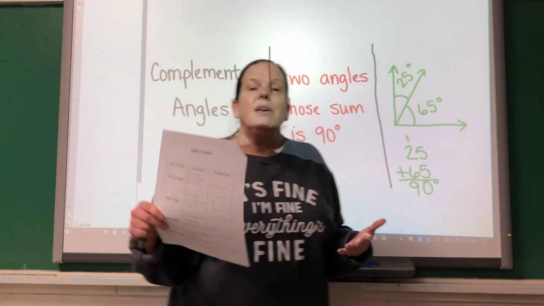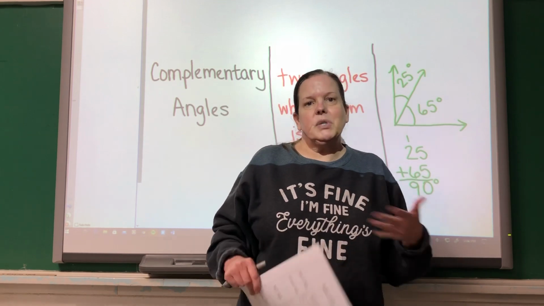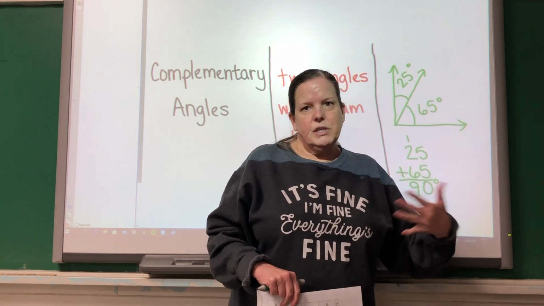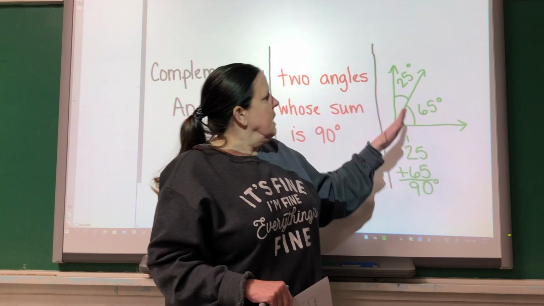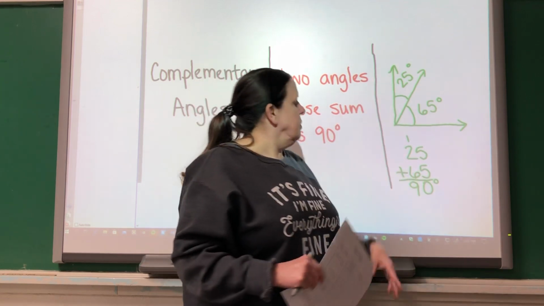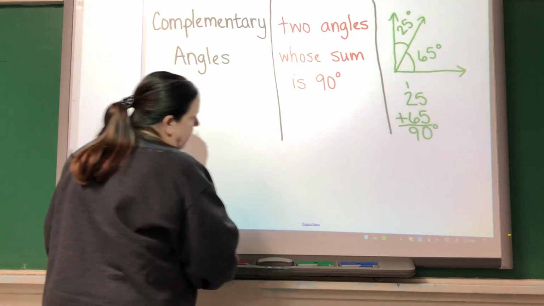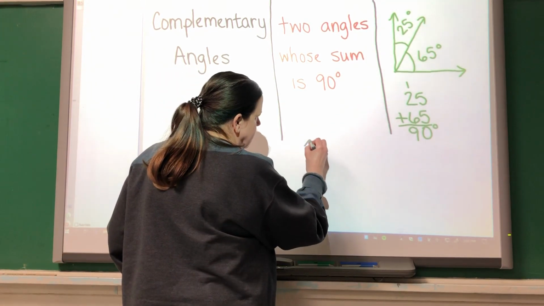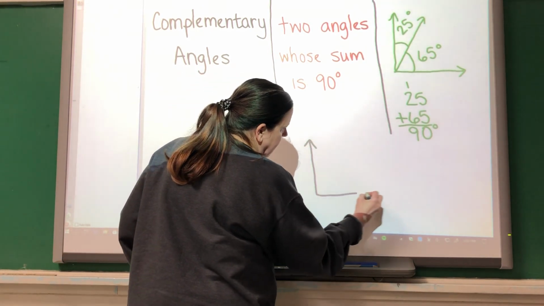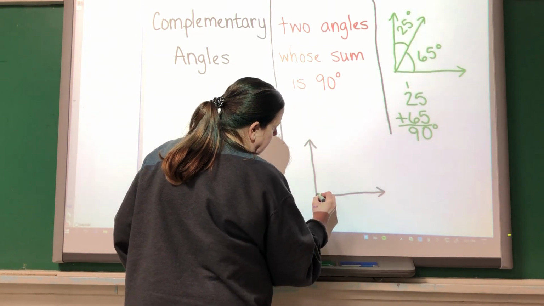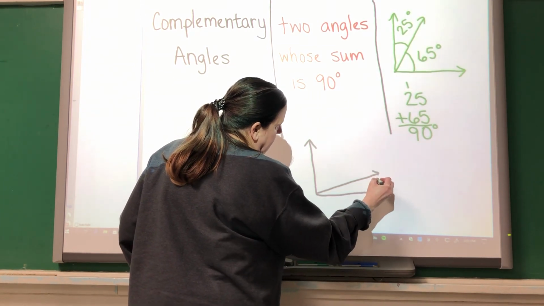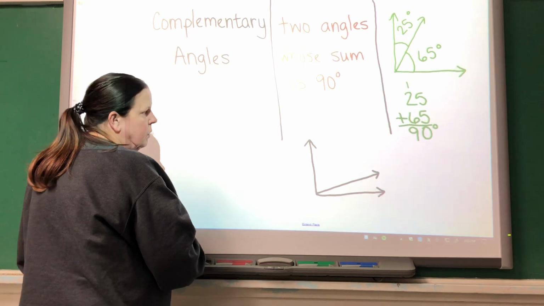So now you can also do the opposite because you're going to have a worksheet where you're going to do this. So you're going to have a right angle and they're going to give you 1.